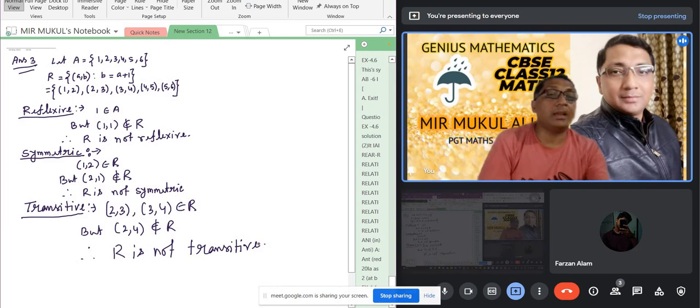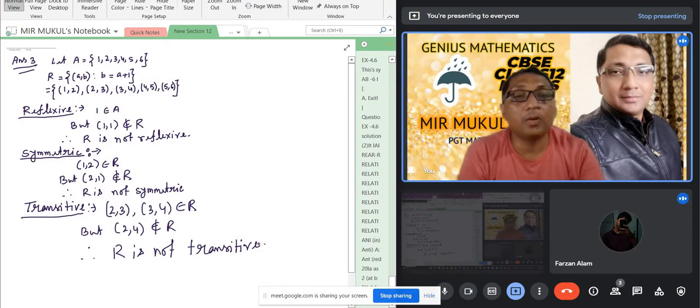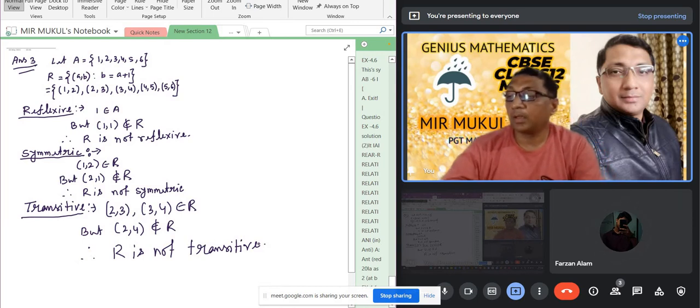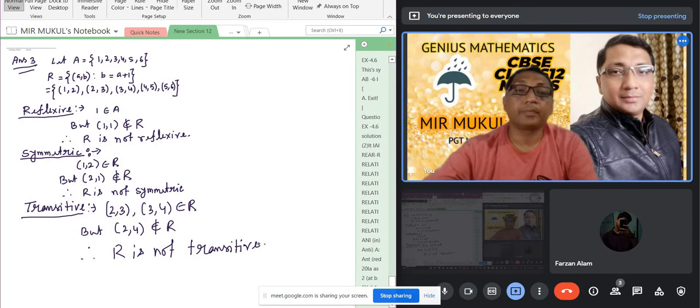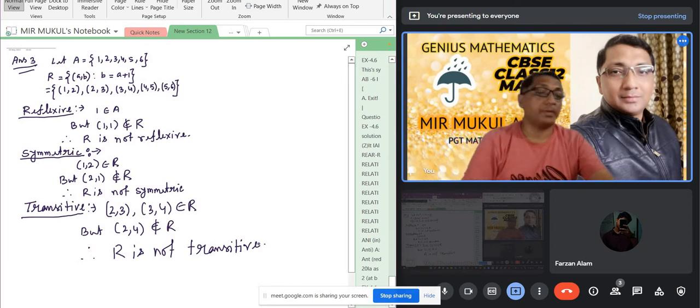So it is neither reflexive, nor symmetric, nor transitive. Is it clear?